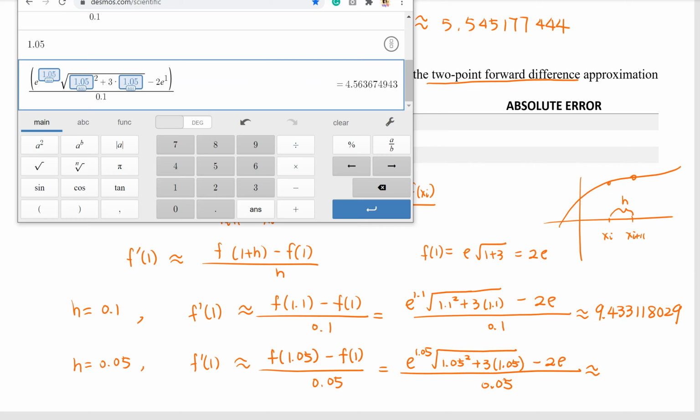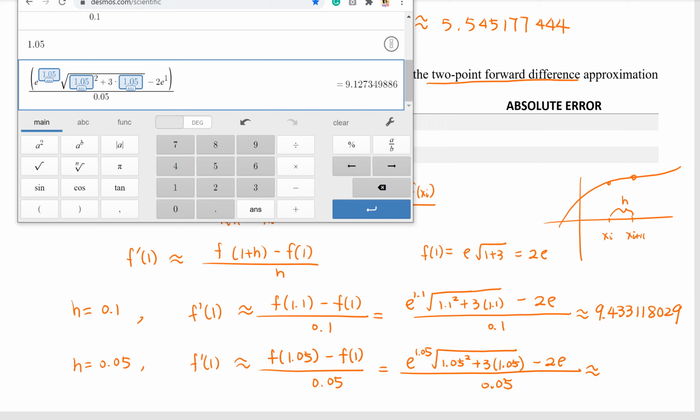So e to the 1.05 times square root of 1.05 squared plus 3 times 1.05, minus 2e, but not over 0.1. It's over 0.05. So this is the place you need to change. So be careful when you go back to the line and enter it. It saves you some time retyping the whole formula, but you have to check carefully what number you're going to change.